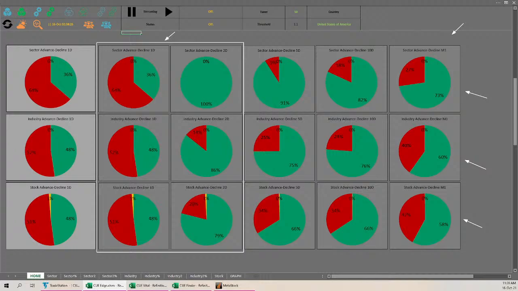If you watched this multi-period advanced decline breadth on Friday near the open, then you would know that at the open everything was very bullish, and then later in the day it turned bearish, the 1 day period.